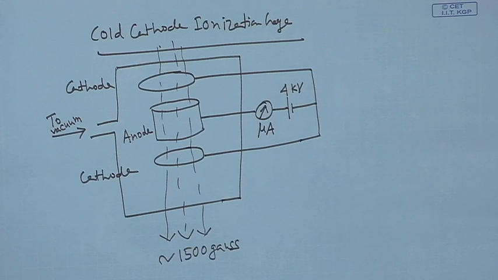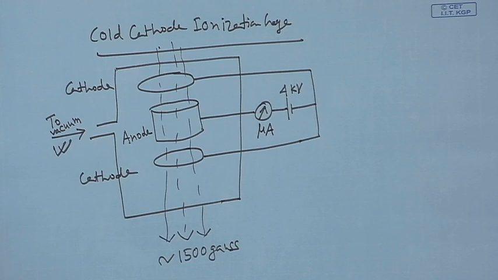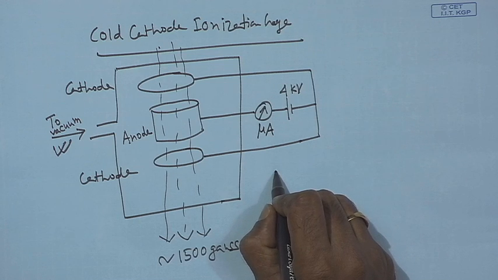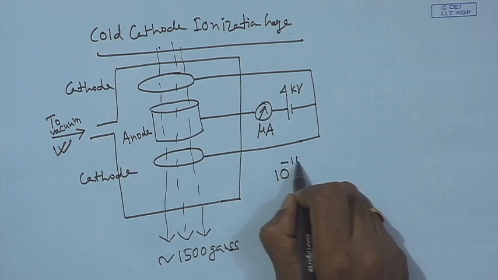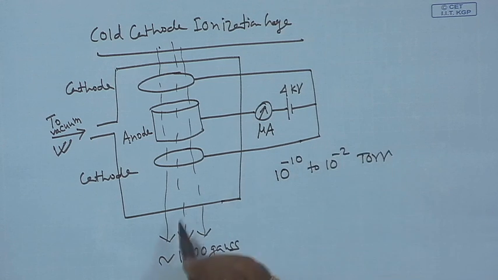The reading from the microammeter will indicate the pressure. The cold cathode measures a pressure between 10 to the power minus 10 to 10 to the power minus 2 torr.